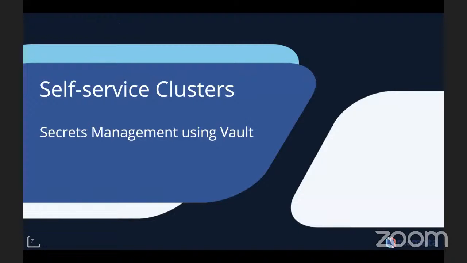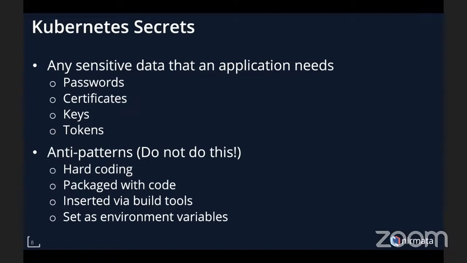So let's talk about Vault and why secret management is needed in Kubernetes. As you're deploying applications, in several cases, applications may contain or require sensitive data, whether they're passwords, tokens, certificates, or keys.